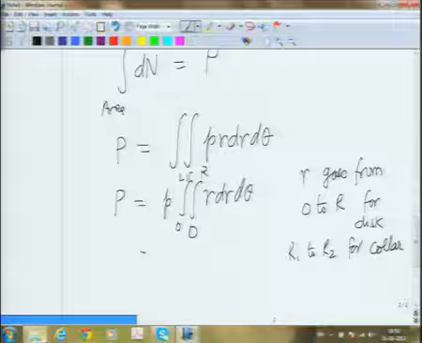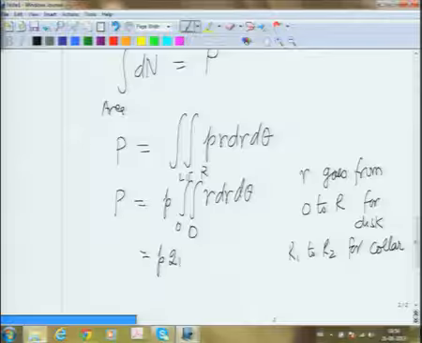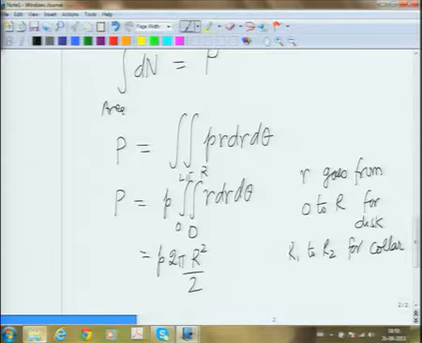Okay. And so, this becomes equal to P times 2 pi times r square by 2.